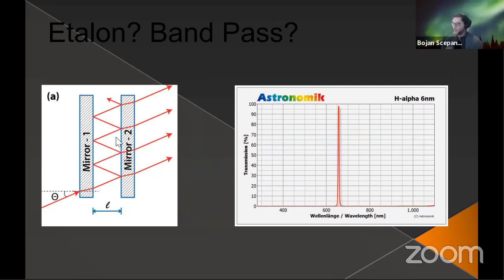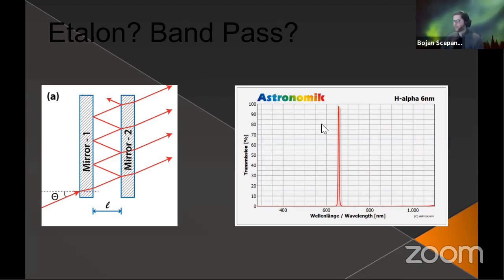All the light that we do not want to look at gets filtered out and rejected, while all the light that we want to look at makes it through this parallel plate of mirrors. This is actually what makes a solar telescope possible and is found in all solar telescopes except for the white light one that I covered. So that is an etalon.